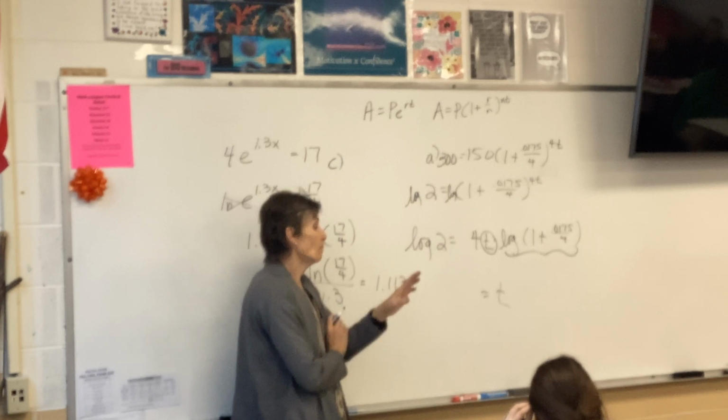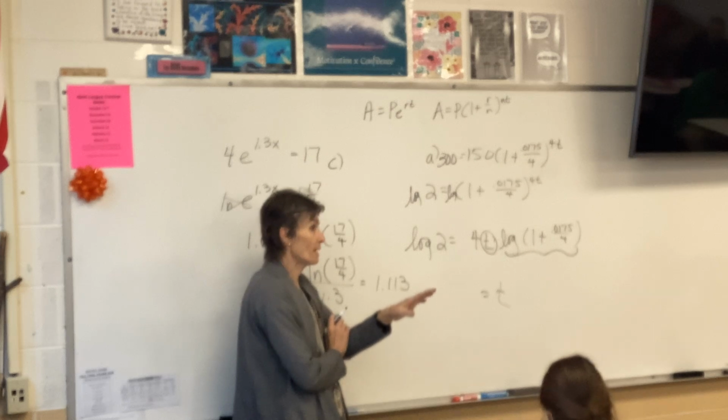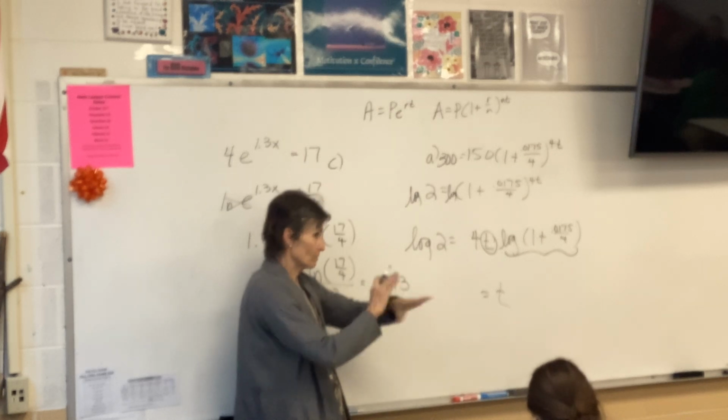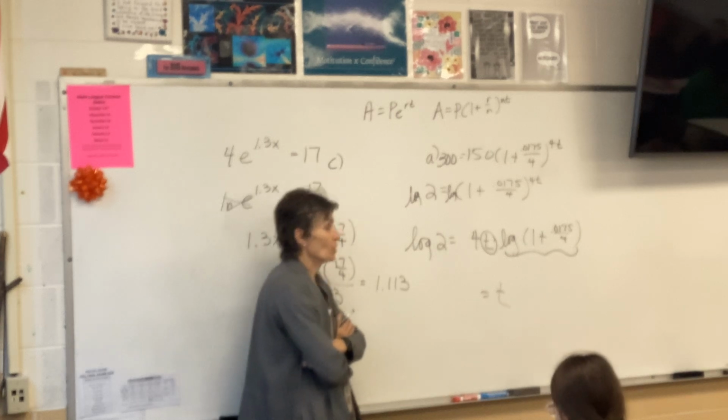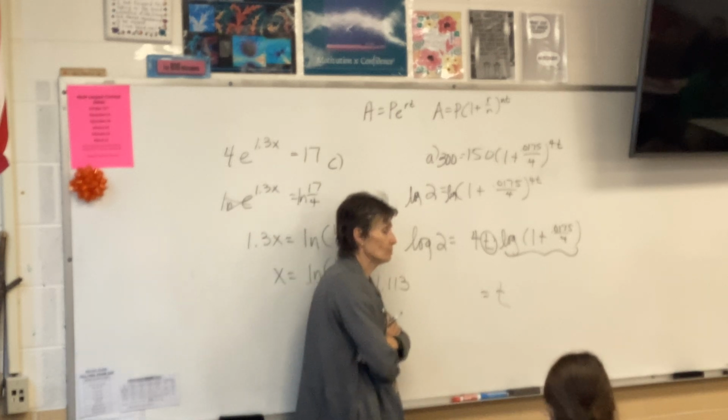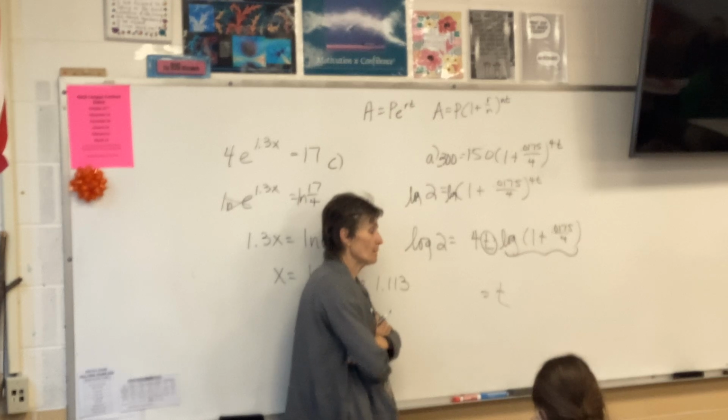Okay, we'll do it one more time, and then you're going to have to get some help, okay? Start over. Clear. Log 2, close parentheses, divided by 4, equals. Divided by log of 1 plus 0.0175 divided by 4, equals.